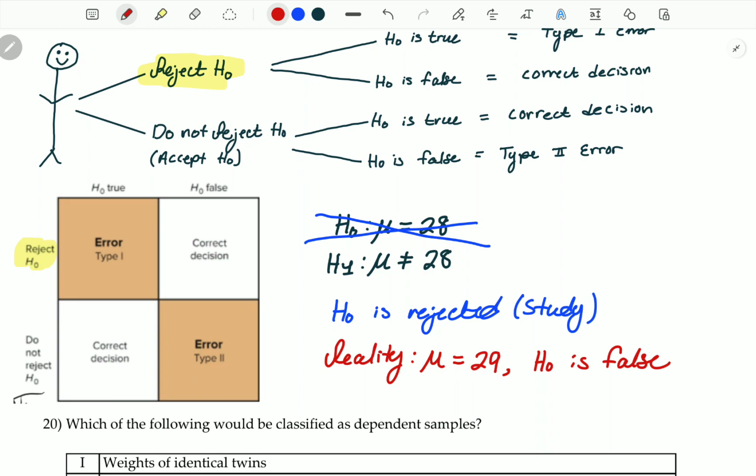Once again, the null hypothesis states that mu is 28. In reality, mu is 29. So that means that the null hypothesis is false. We rejected false information. We made a correct decision. The answer to this question is a correct decision.